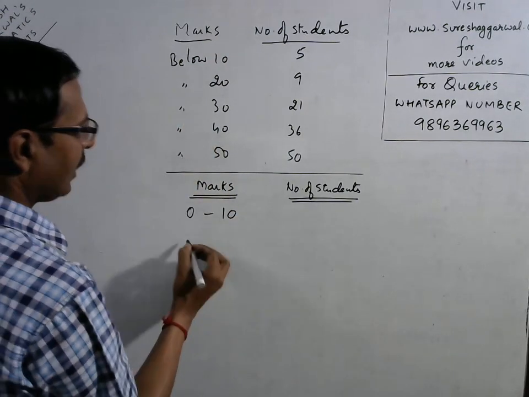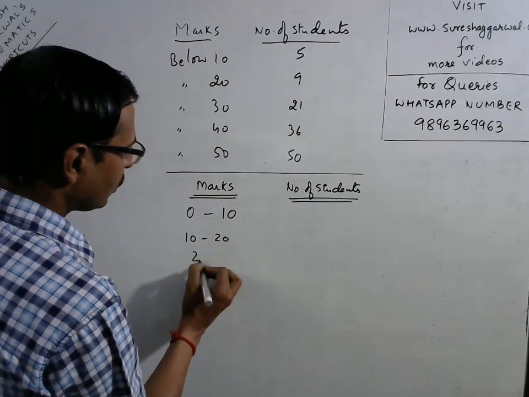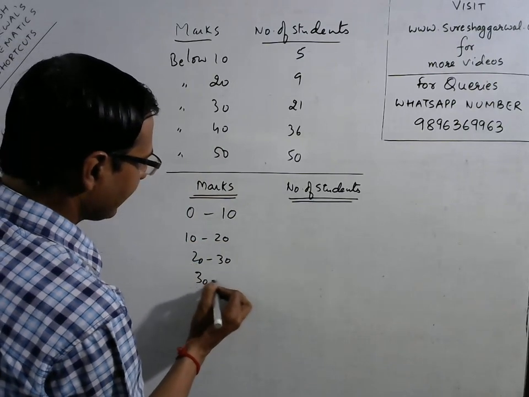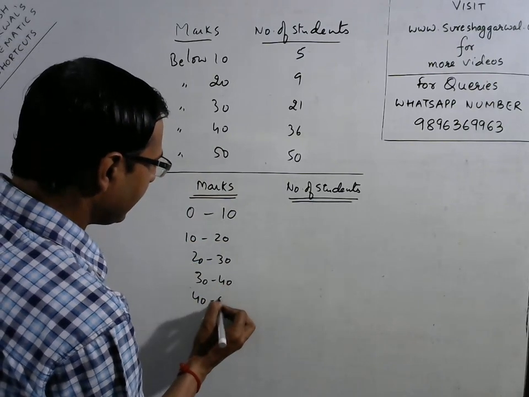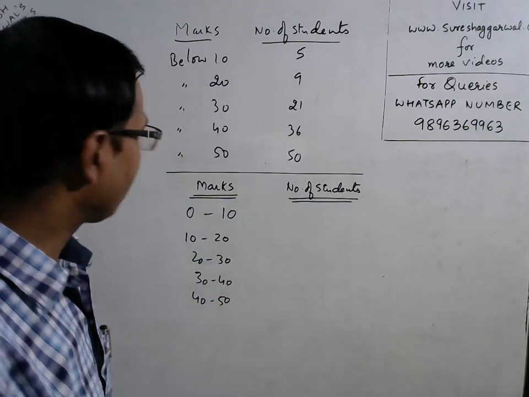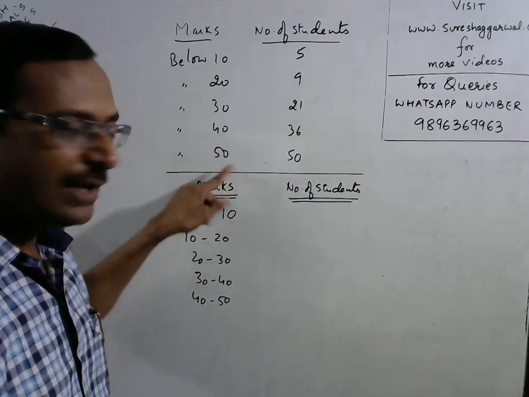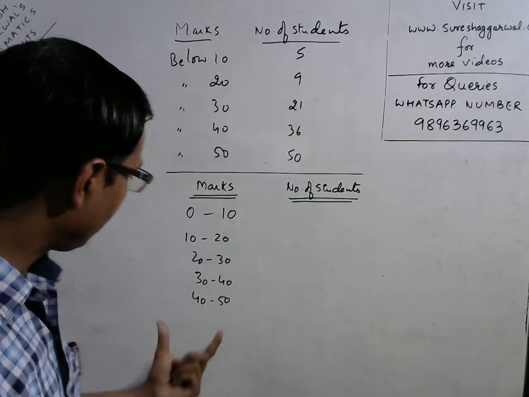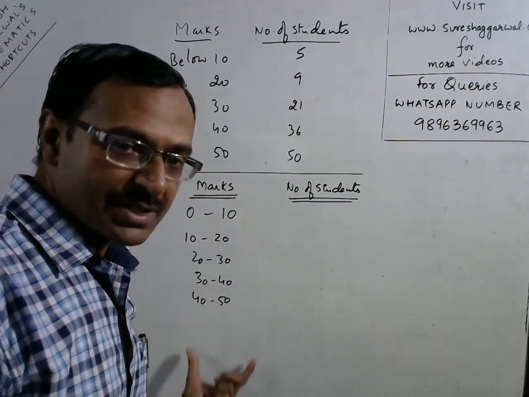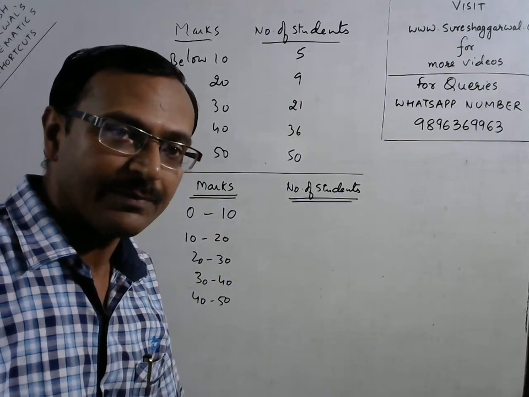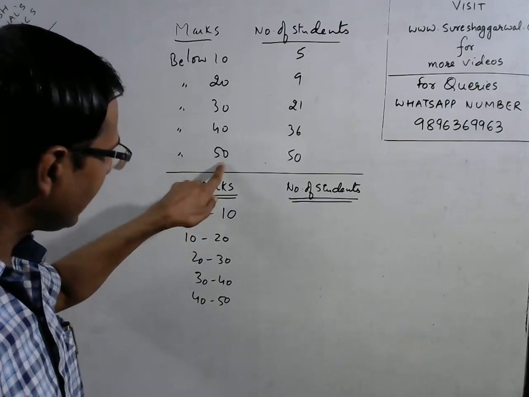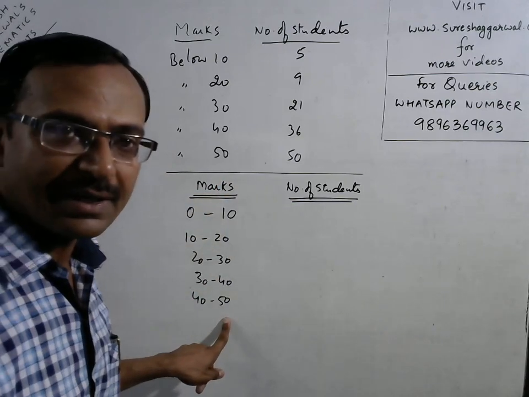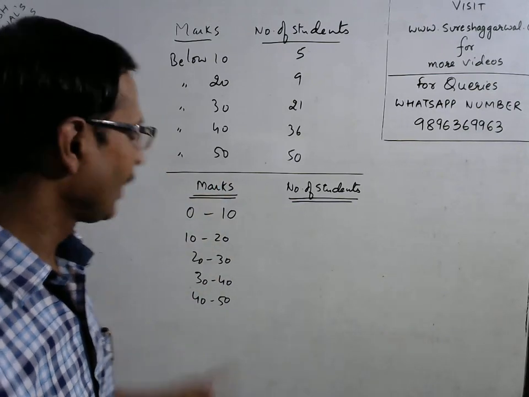And obviously now 10 to 20, 20 to 30, 30 to 40, and 40 to 50. These are the 5 class intervals, because below 50 is the last class interval. So I do not need to write 50 to 60 here, because that will be above 50. So below 50 will give you the final class interval upper limit.